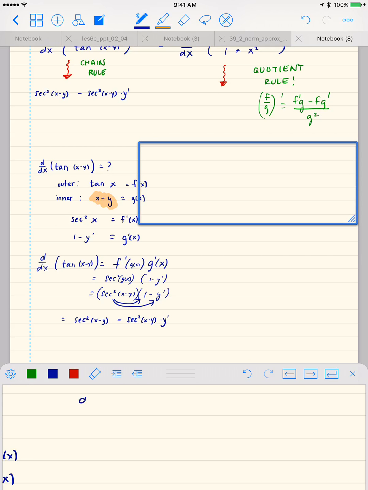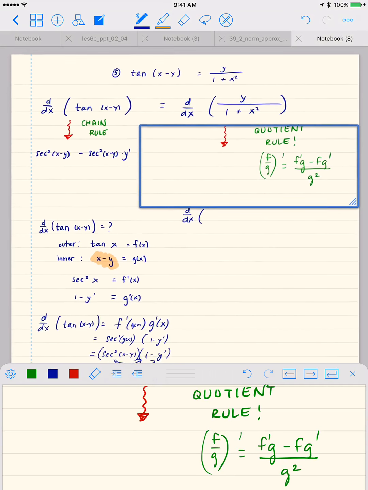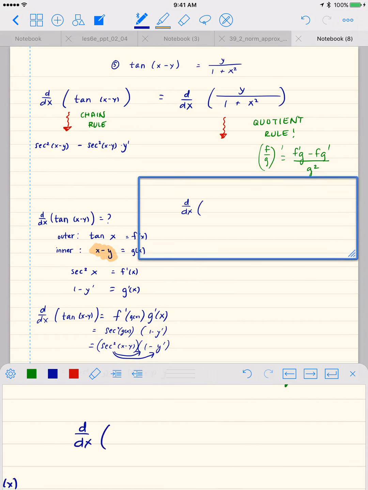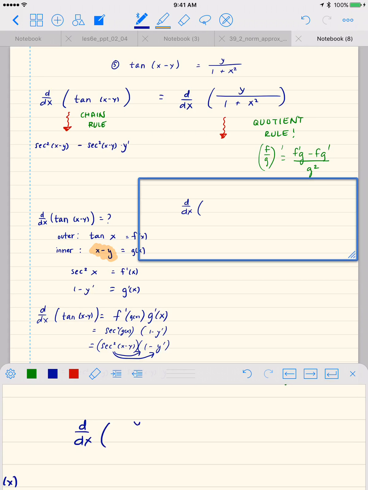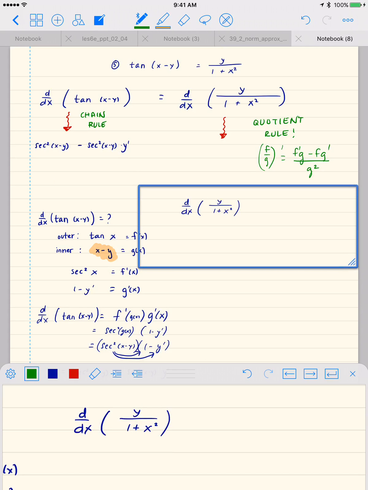So let's go ahead and compute the derivative with respect to x of, what do we have here? Y over 1 plus x squared. Okay, so now my top is y.